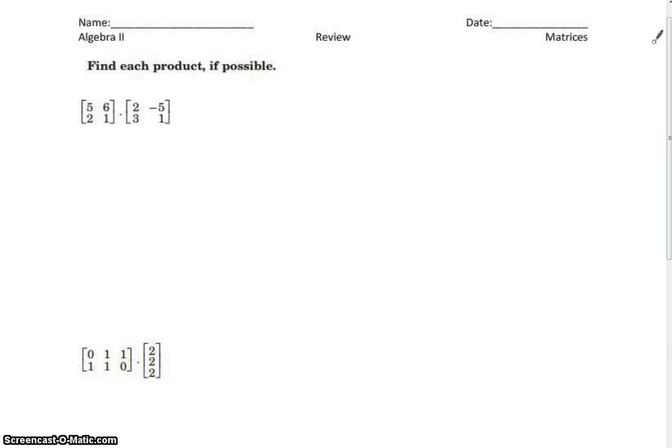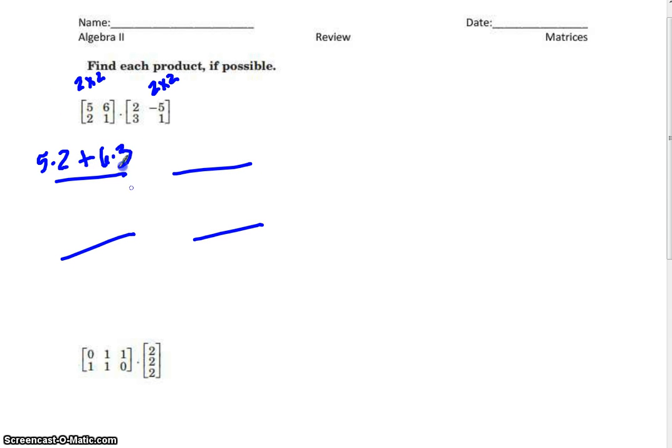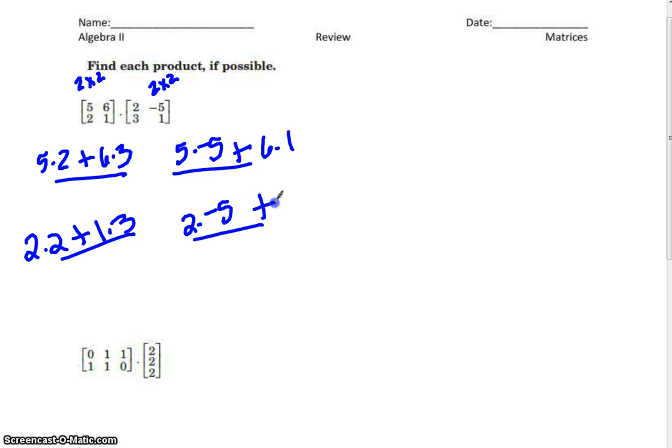We are multiplying. Remember, you have to check and make sure that you can multiply first. We have a 2 by 2. We have another 2 by 2, so yes, you can do it, and it's going to be a 2 by 2. So you're going to say 5 times 2 plus 6 times 3. 5 times negative 5 plus 6 times 1. 2 times 2 plus 1 times 3. 2 times negative 5 plus 1 times 1.